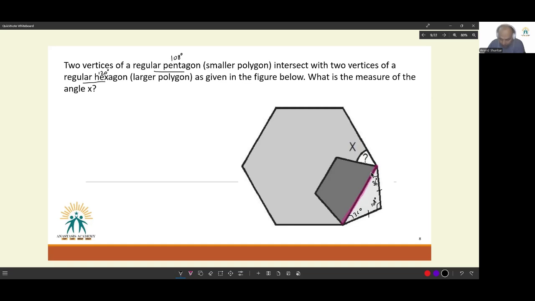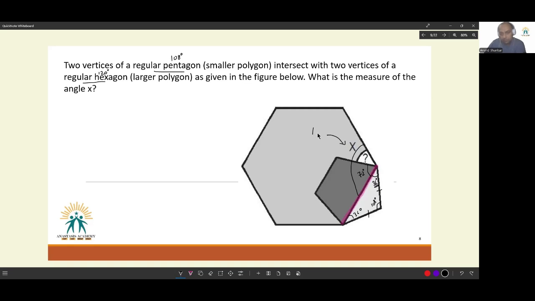Now, if this is 36 degrees, the rest of it will be 72 degrees. For the pentagon, every angle is supposed to be 108 degrees. This is 36 degrees. This angle here will be 72 degrees. And this is a part of an internal angle of the hexagon. Hexagon, the internal angle is 120 degrees. This is 72.